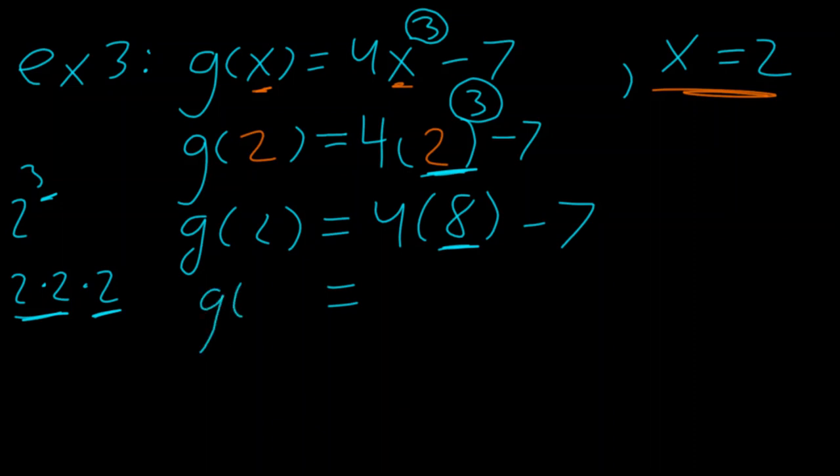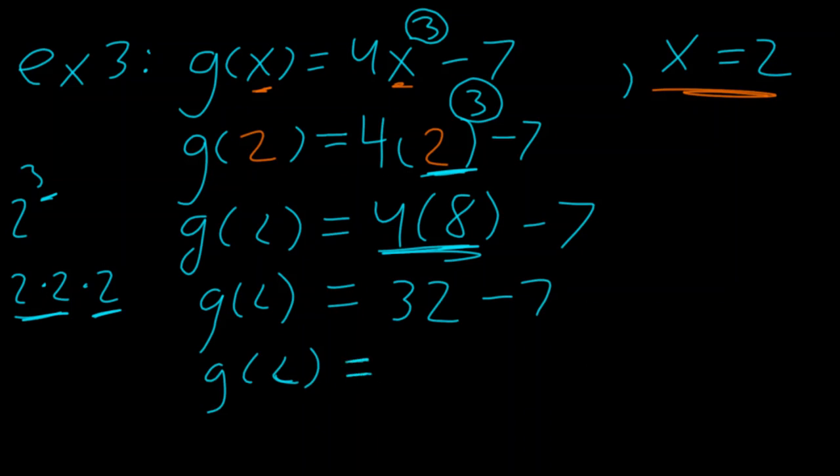Following on down our order of operations, we do our multiplication. Use a calculator if you have to. 4 times 8 will of course give us 32 minus 7. And lastly, we know that g of 2 will be equal to 32 minus 7, which is 25.